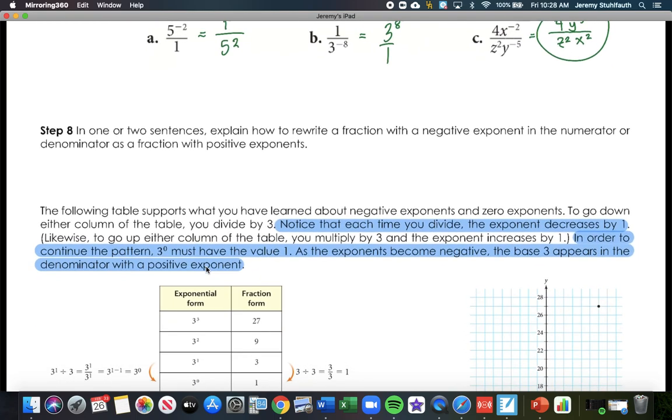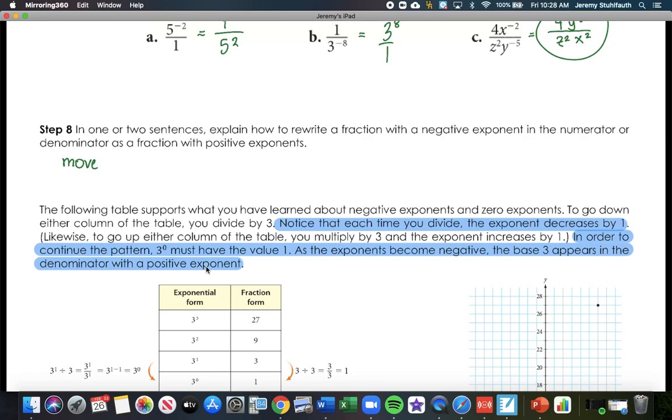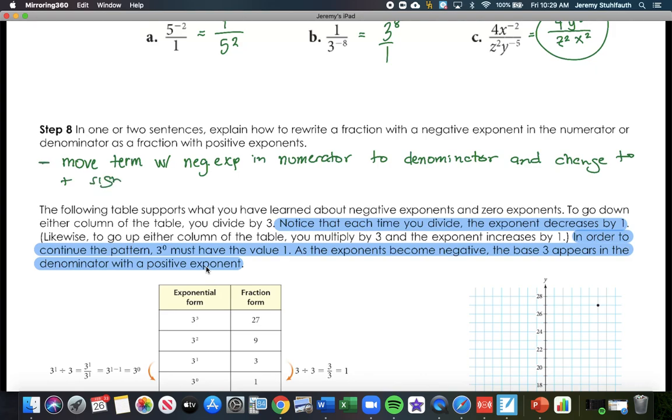And again, all you're doing is move the term with negative exponents in the numerator to the denominator and change to a positive sign, and then move the term with negative exponent in the denominator to the numerator and change to a positive sign.